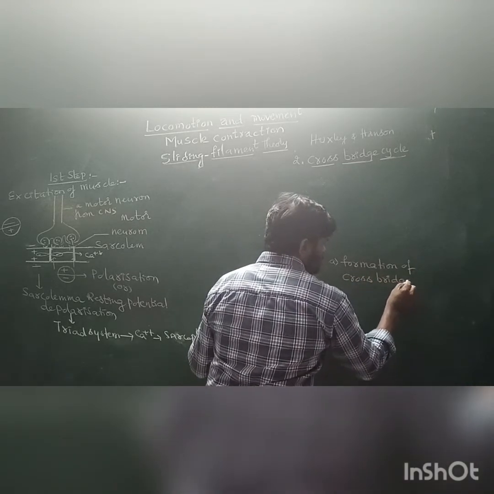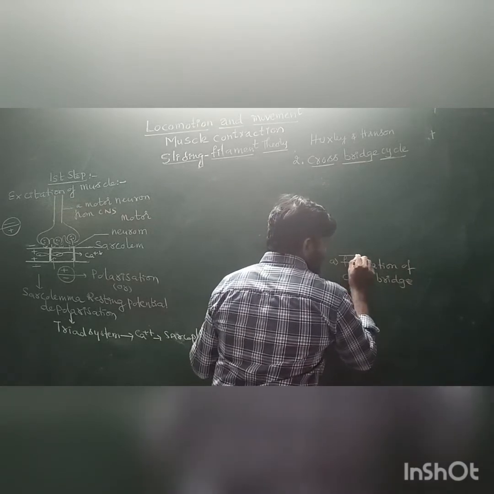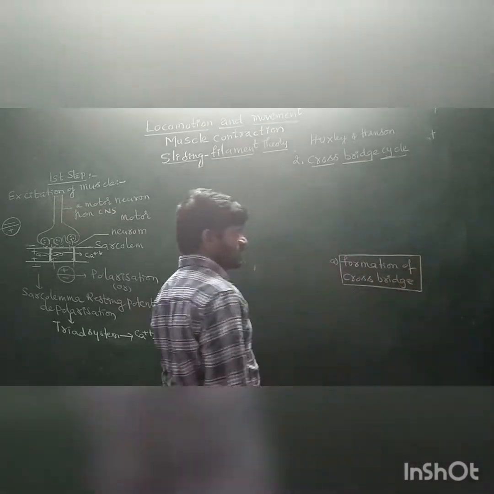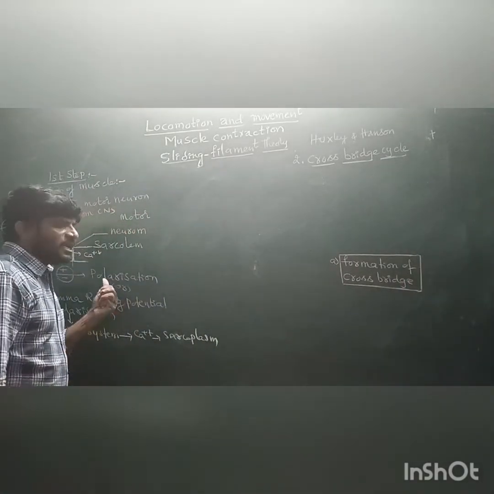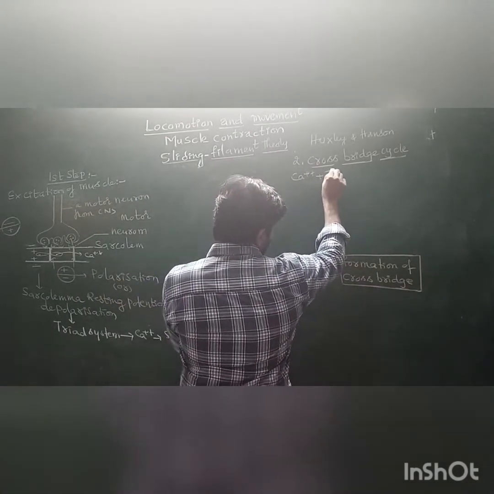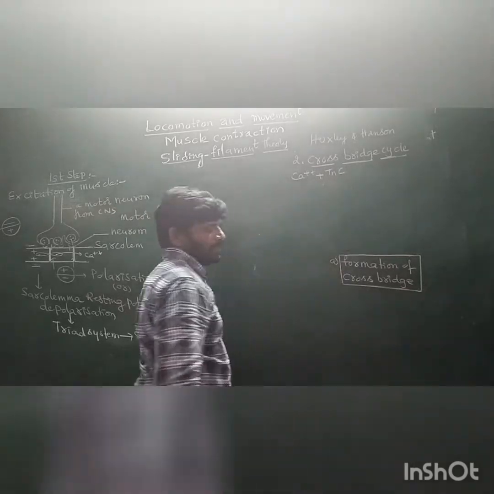This is the first event in the cross-bridge cycle. What is the cross-bridge? The calcium ions which are entering into the sarcoplasm react with the troponin C of the thin filament.